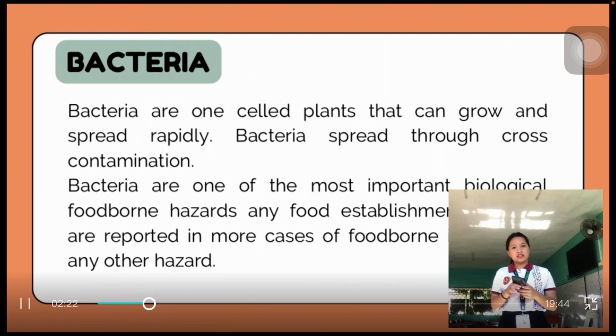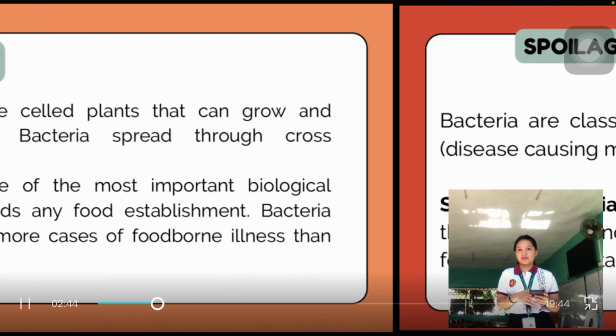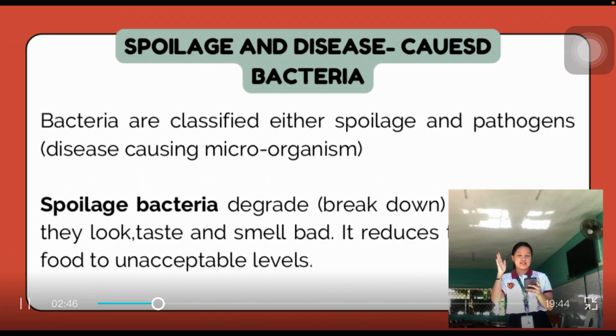Some food bacteria are able to form spores. Then those spores are not able to grow or reproduce. But those spores can help the bacteria to survive when their environment is hot, cold, dry, acidic, or when the food is not enough. Next, the spoilage and disease caused by bacteria.